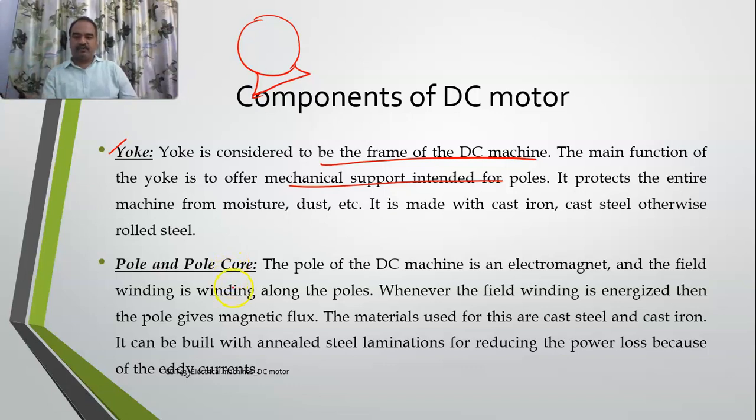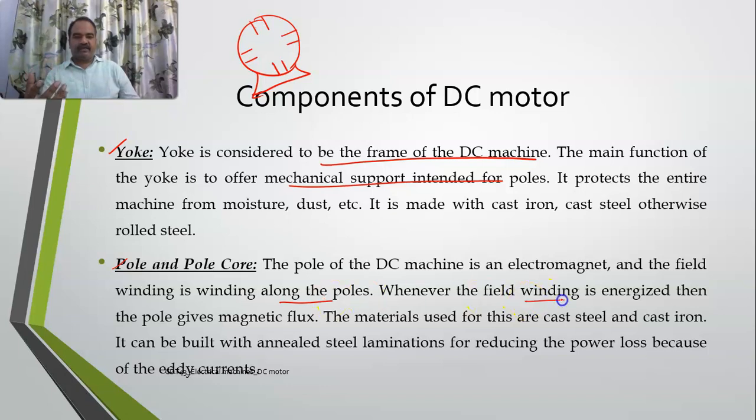And the next one is the pole and the pole core. Okay, this is just like an electromagnet, a winding that behaves as an electromagnet. When there is wire around it and current flows through it, automatically it will act as a pole.